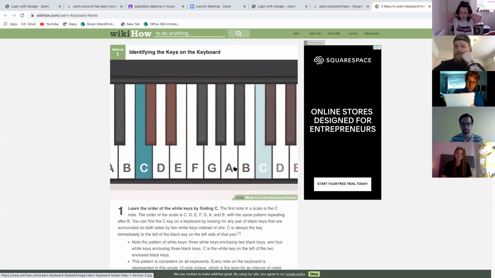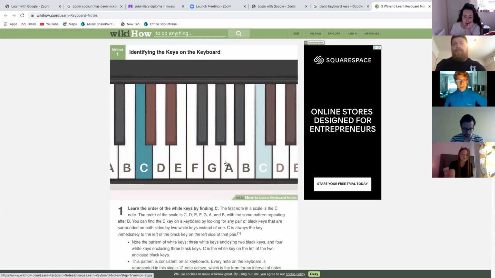Chloe, what is the relative minor to A major? Is it G? No, so we go 3 semitones from there, so we don't count that one. So we go 1, 2. Or is it F sharp? Yes, it's F sharp minor.